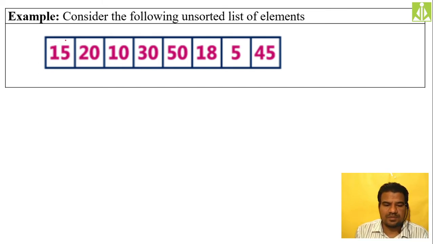This is my index 0, index 1, index 2, 3, 4, 5, 6, and 7 finally. Like this I have, and I'm performing what type of sorting algorithm? Selection sort.